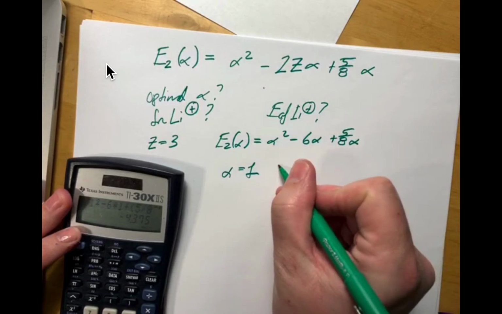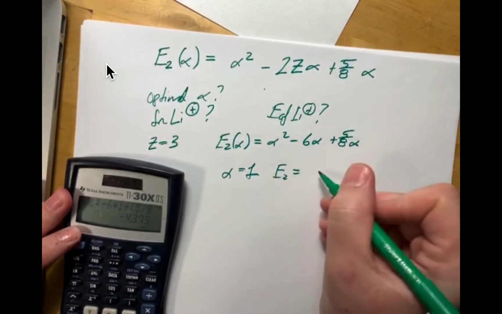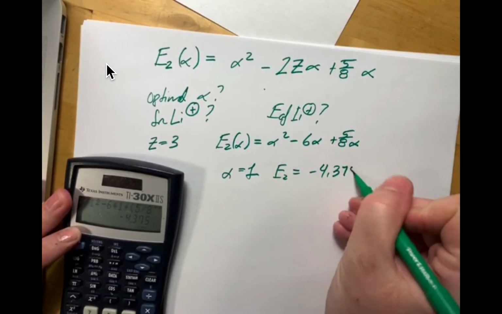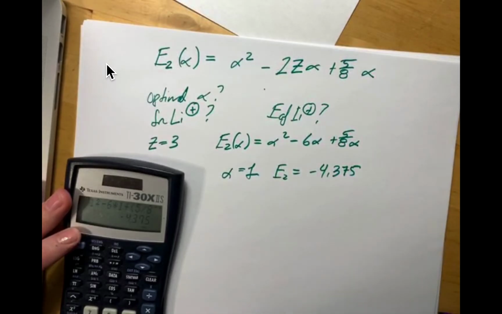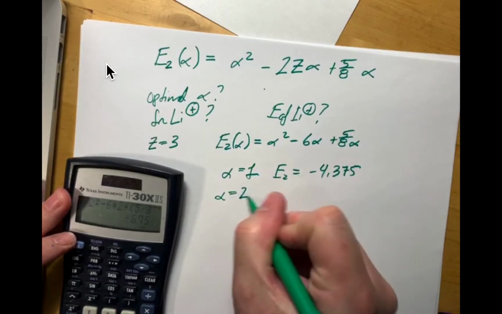That gives me my E2 is a minus 4.375. Hop over to 2, because right now we don't know if the energy is going to go up or down when I go to 2. So 2 squared minus 6 times 2 plus 5/8 times 2. So alpha equals 2.